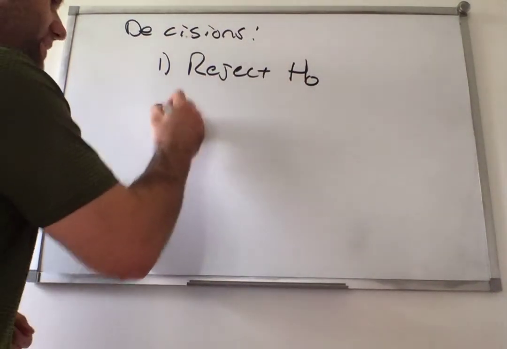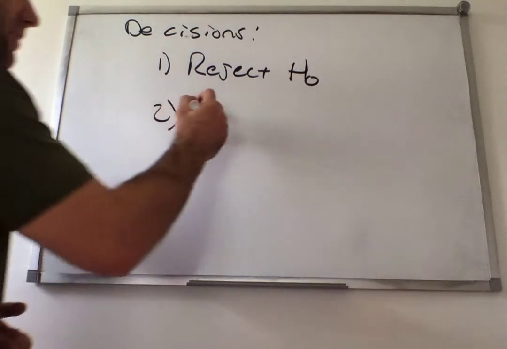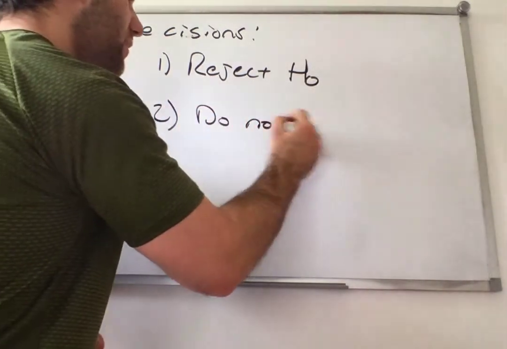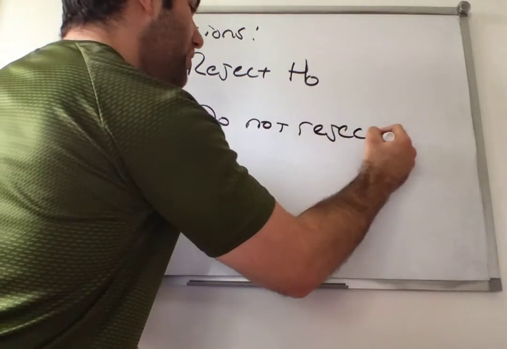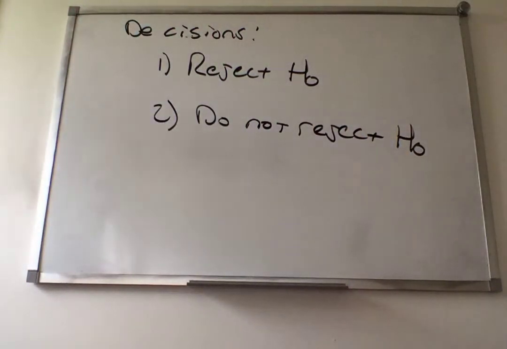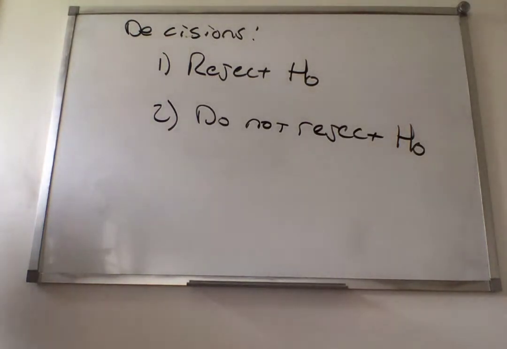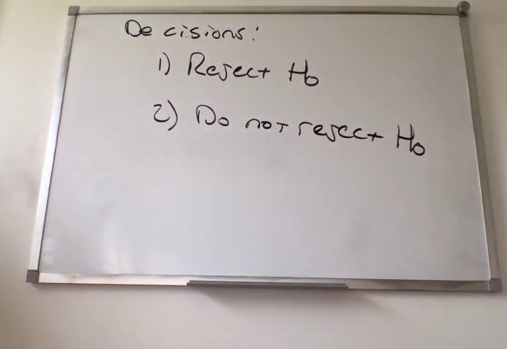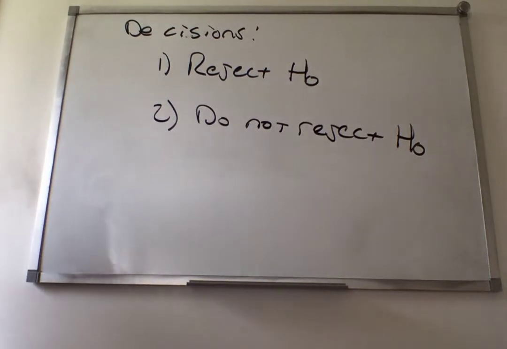The second decision that we could have is do not reject H naught. Do not reject H naught is not the same thing as accepting H naught. Remember, we assumed H naught to be true.